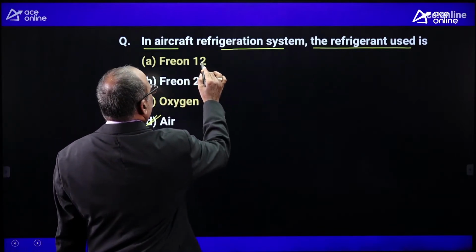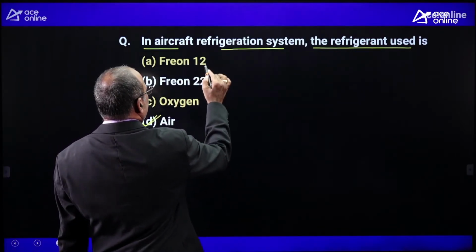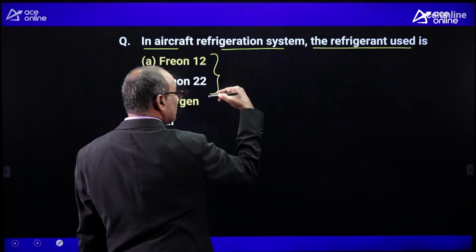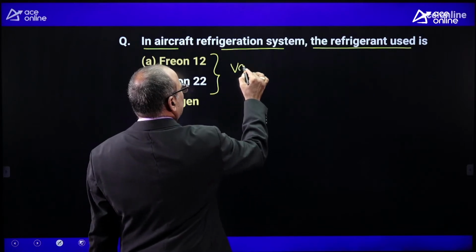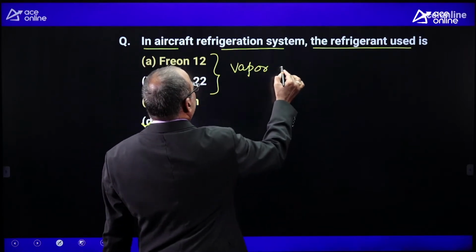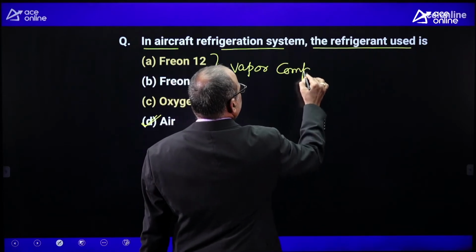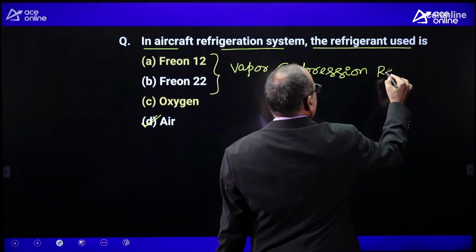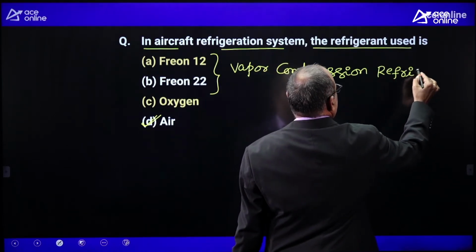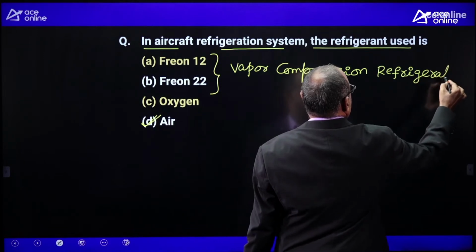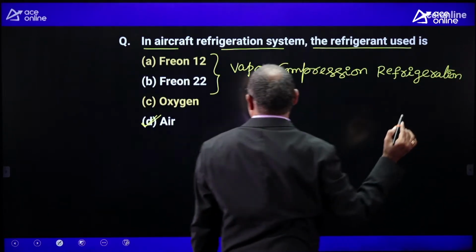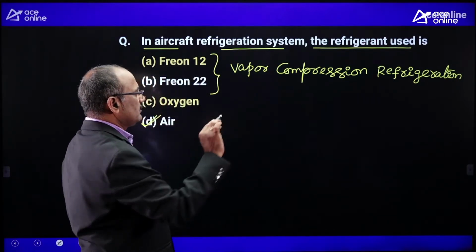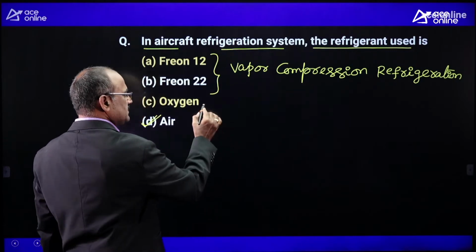Generally, Freon 12 and Freon 22, these two refrigerants are preferable for vapor compression refrigeration system.